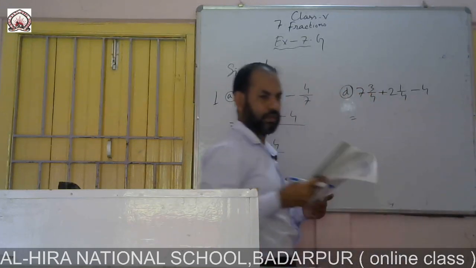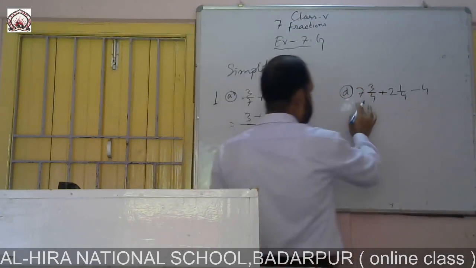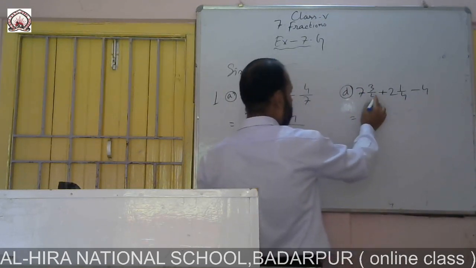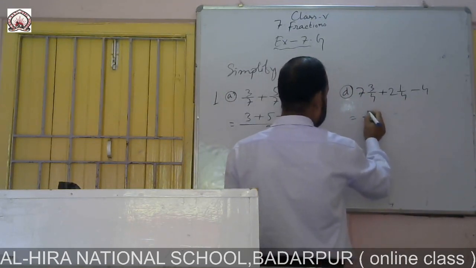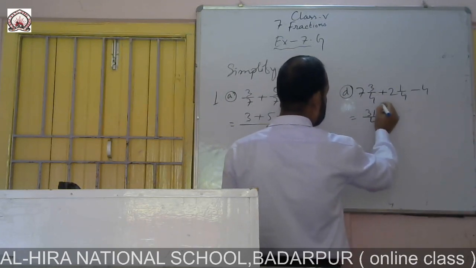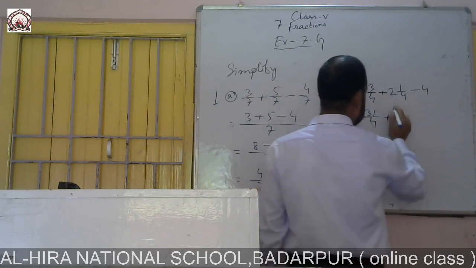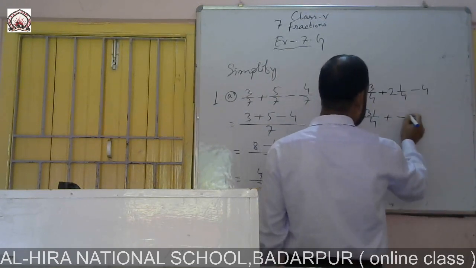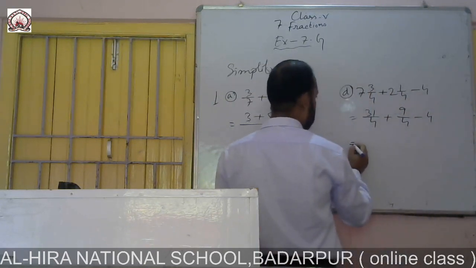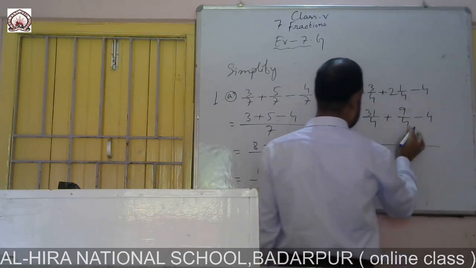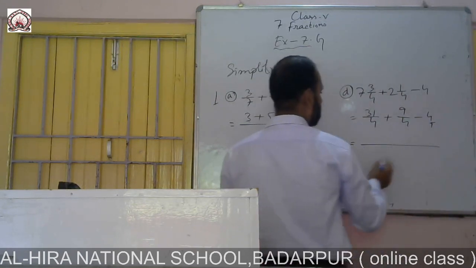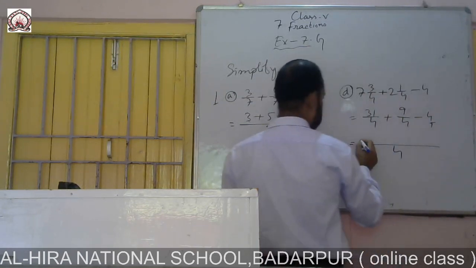Now these mixed fractions we change into improper fractions. 7 fours are 28 plus 3 is 31 by 4. 31 by 4 plus 2 fours are 8 plus 1 is 9 by 4 minus 4. Now we take out the LCM. There 4 and 4, and down there 1 is there. So LCM is 4.